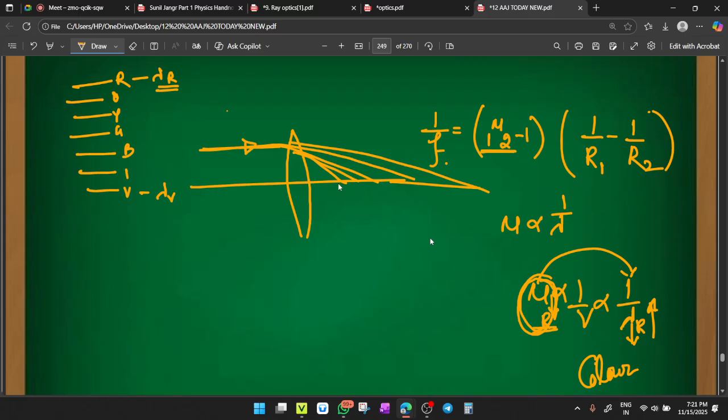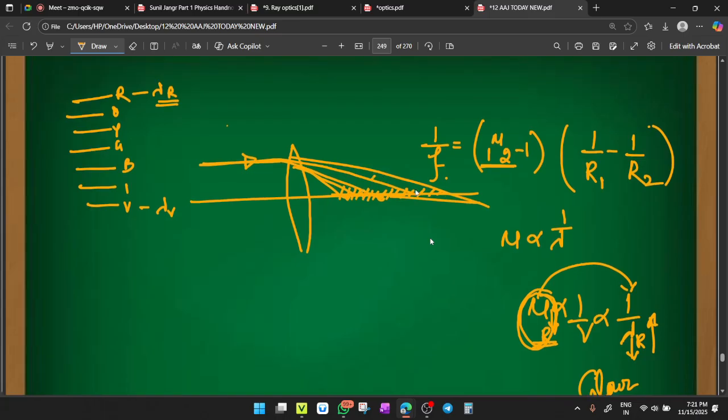So instead of getting an intense image at a single point, you get a band of colors, and there is no definite boundary. This problem is called chromatic aberration.